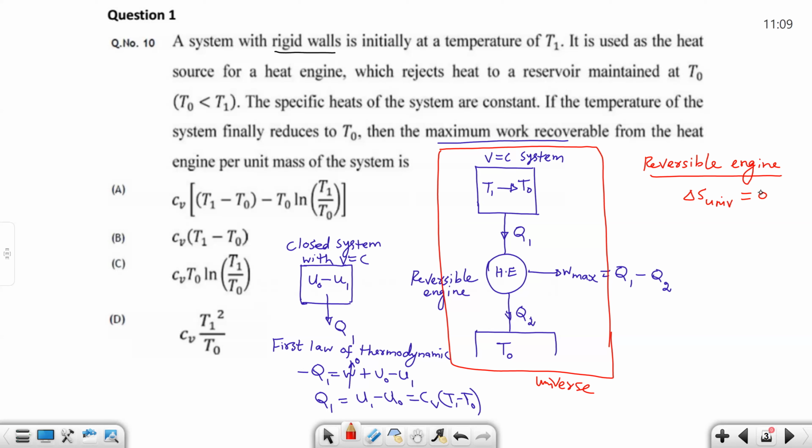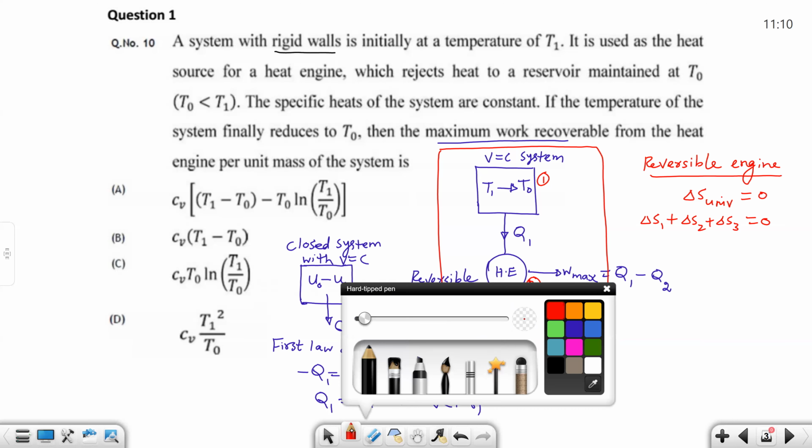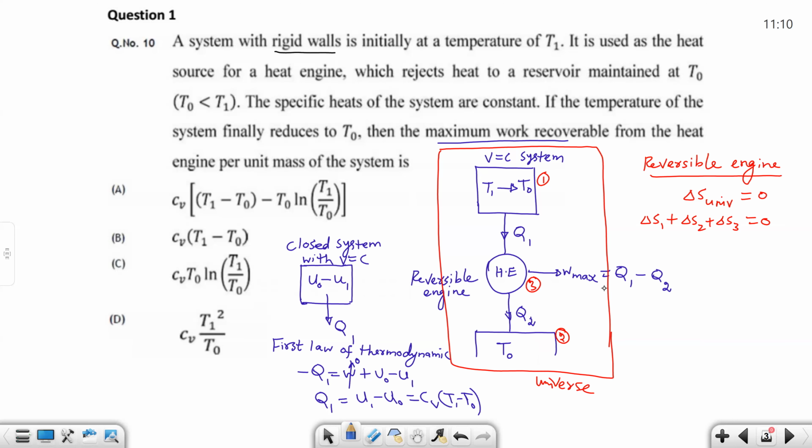So here three systems are there: system 1, system 2, system 3. So change in entropy of system 1 plus change in entropy of system 2 plus change in entropy of system 3 is equal to 0. Change in entropy of system 3 is 0 because it's a cycle. A reversible heat engine is a cycle. So for a cycle, property change will be 0.